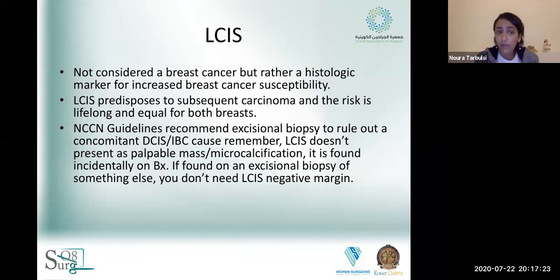Let me tell you with certainty, they missed the calcifications, because lobular carcinoma in situ is something that you see in the background of the tissue, and it's not something you see on mammography. So if this happens, you have to go back and take the area of the calcification to rule out atypical ductal hyperplasia, DCIS, or invasive cancer.